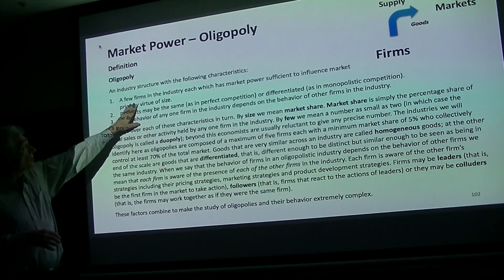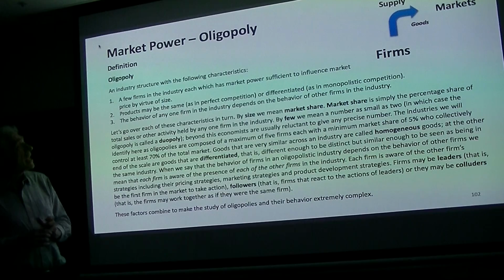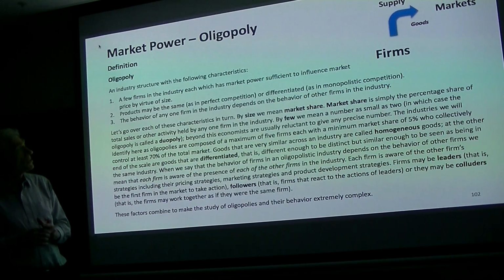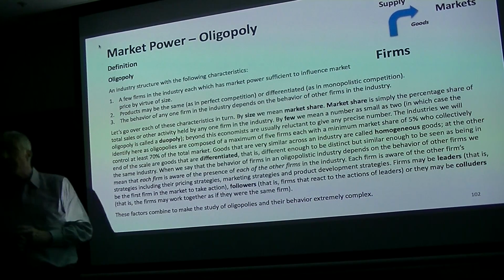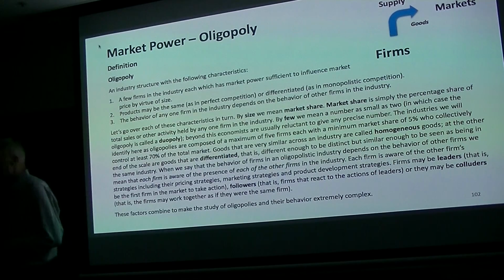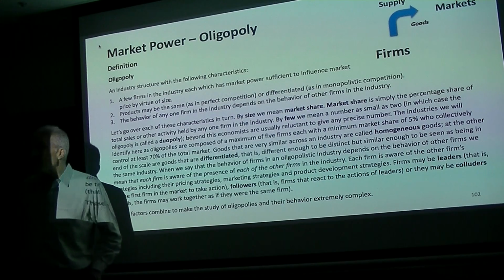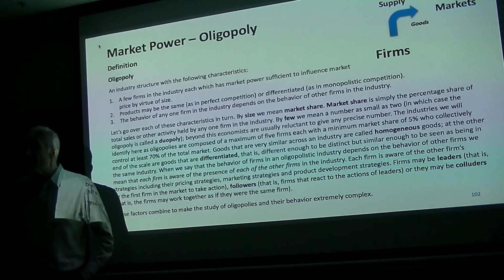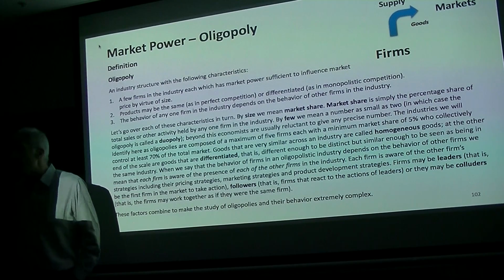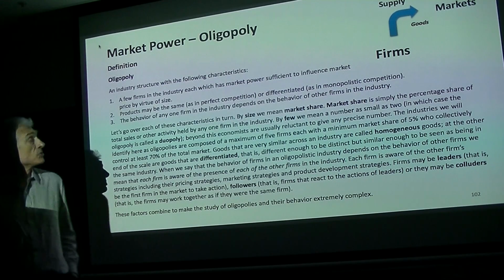So there are a few firms in the industry, each of which has market power sufficient to influence market price by virtue of its size. There's some competition, but there's some market power. So each firm has some ability to influence the price of the goods that they manufacture and produce.